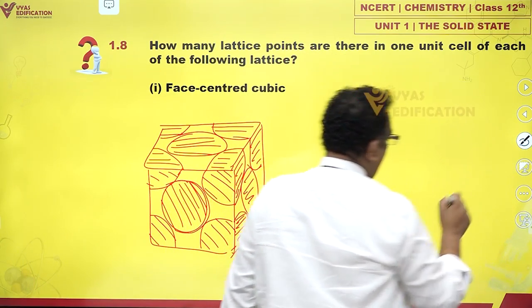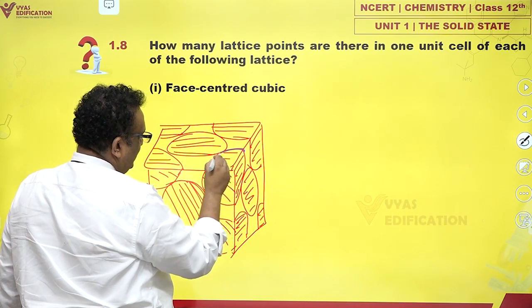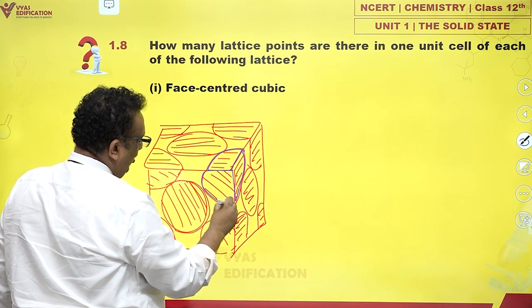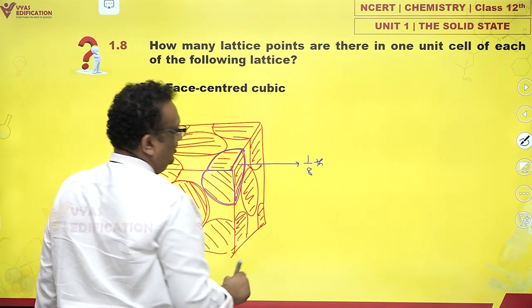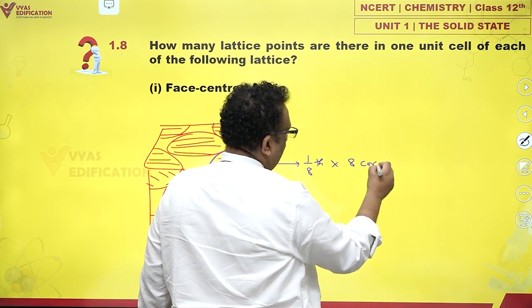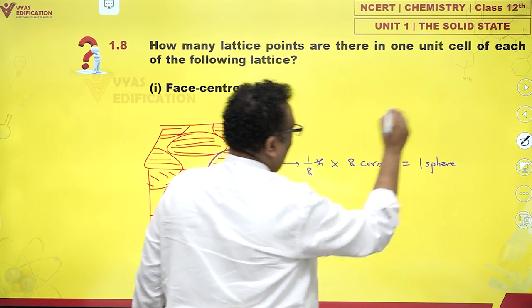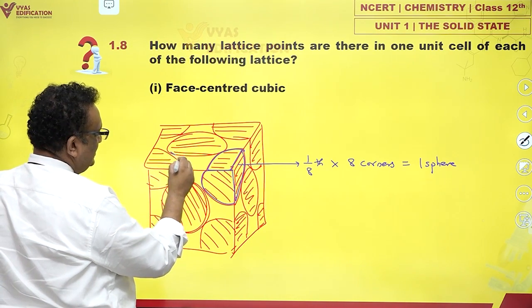Now, could you calculate a few things, like each corner contributes how much? See, this is cut along 3 faces, 3 planes. So this is 1/8. And there are 8 corners. This is 1 sphere. Right? And how much is this?